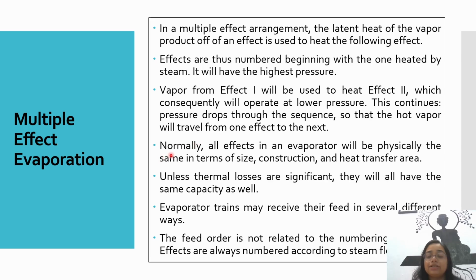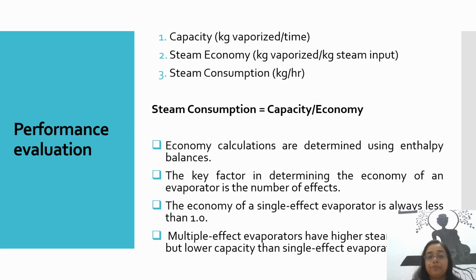So here we have just introduced ourselves to how the single effect evaporator is different from the multiple effect evaporation. Now to evaluate the performance of any evaporator, we should be accustomed with some important terms. What are they? The first one is the capacity of the evaporator, the second one is the steam economy, and the third one is the steam consumption.